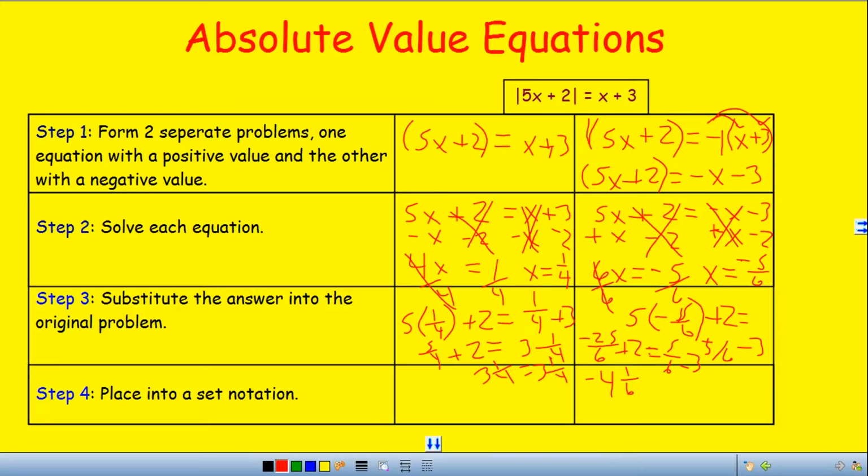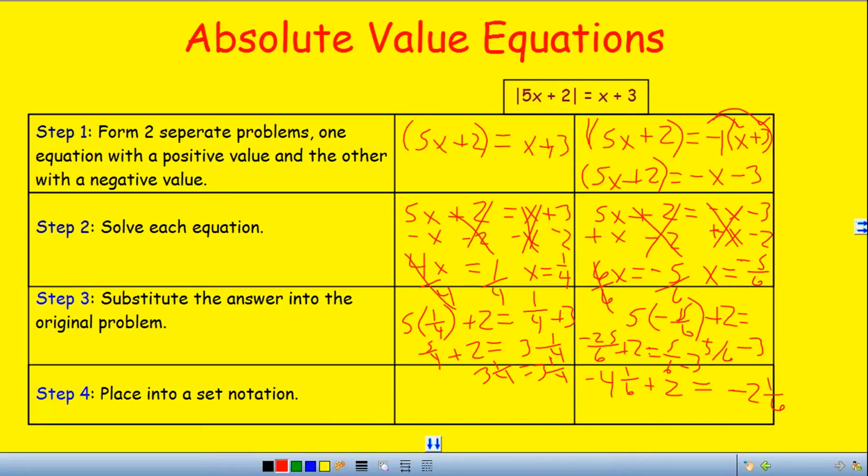So we have negative 4 and 1/6 plus 2. And we want to know if that equals 5/6 minus 3. Now, 5/6 minus 3 is the same as having negative 3 plus 5/6. So I would be subtracting 5/6 from 3. That would give me a negative 2 and 1/6.